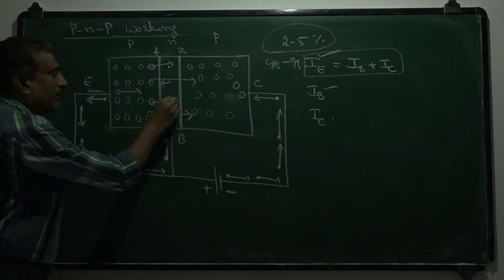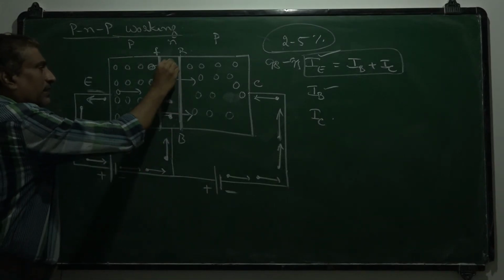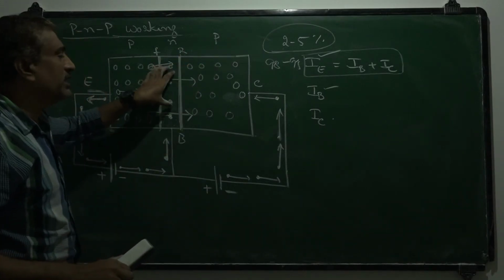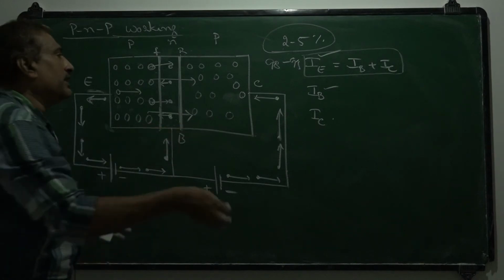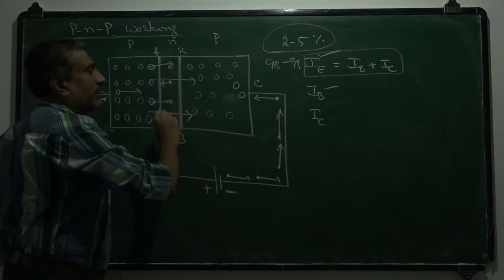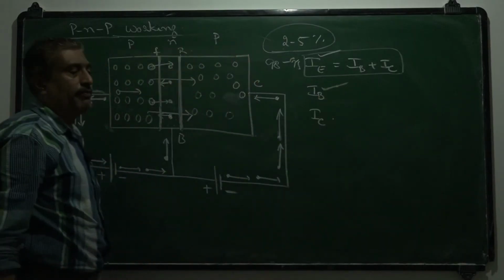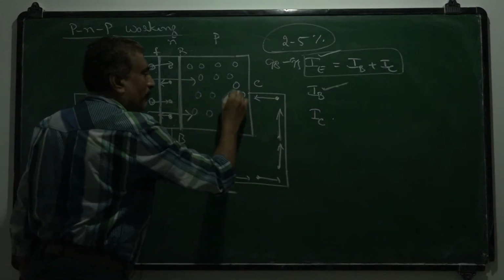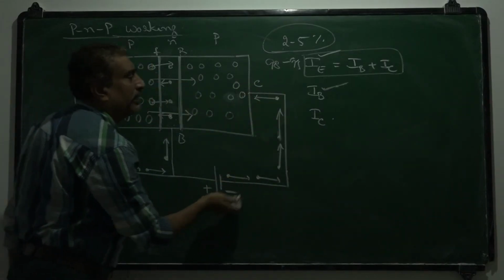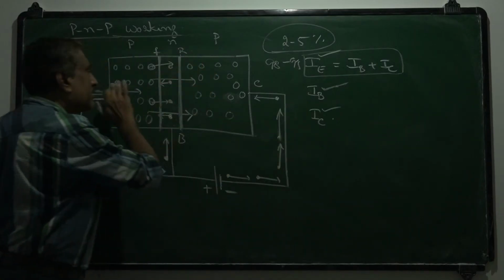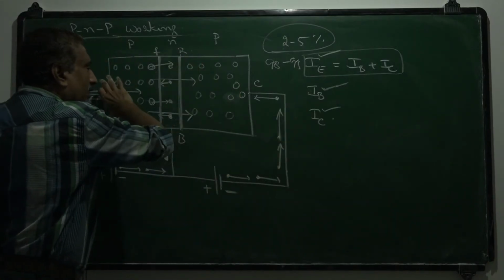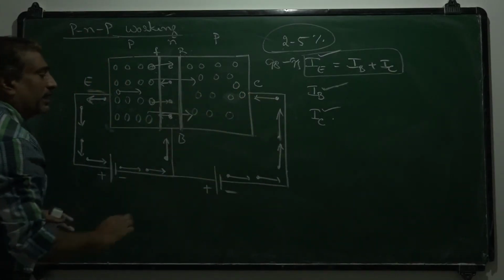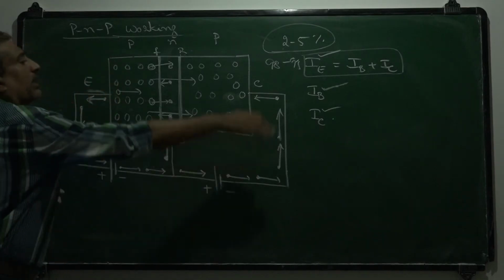Some of them combine with electrons in this region, only 2 to 5%, because the base region is very lightly doped, and they constitute the base current IB. The remaining holes drift towards the collector region, where they are swept out by the negative polarity, and constitute the collector current IC. Inside this transistor, the electrical conduction is due to holes, but in the external circuit or wires, the collector current conduction is due to electrons.